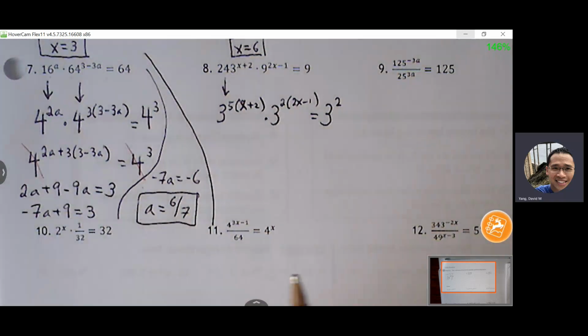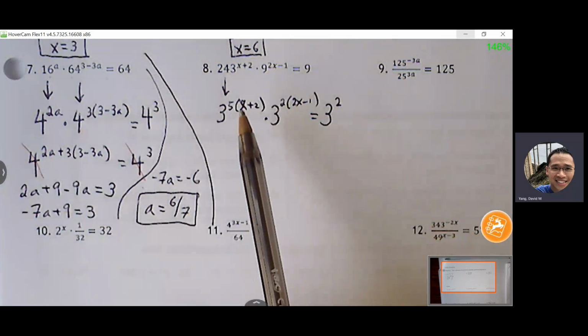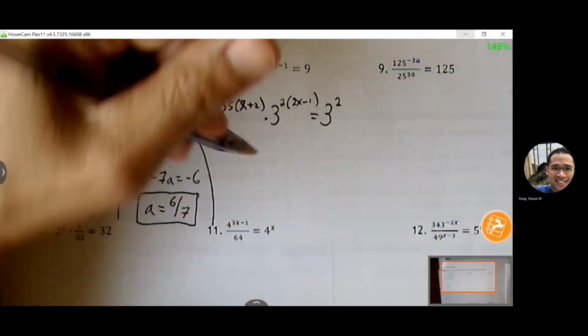Okay, same idea here. Merge the left side together by adding exponents.